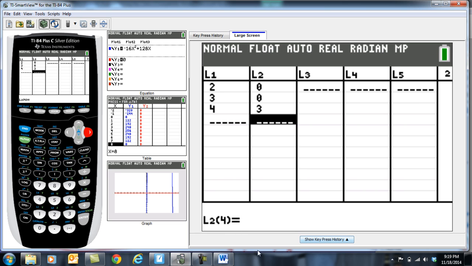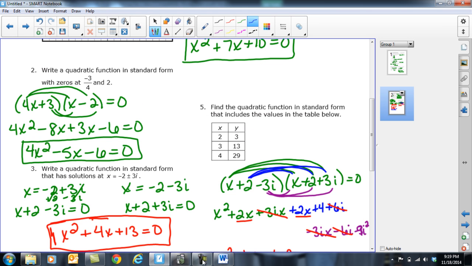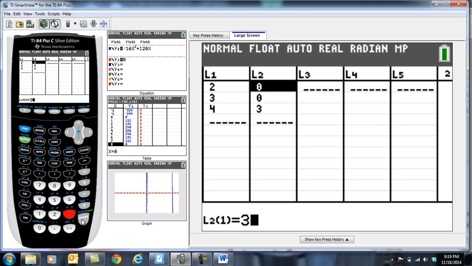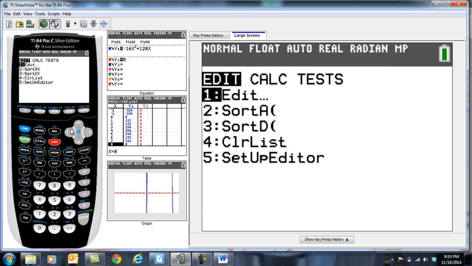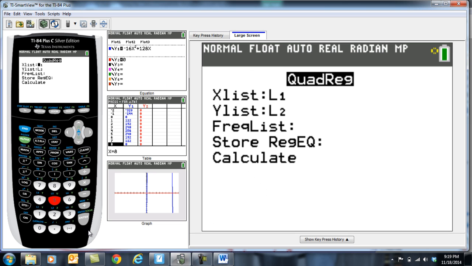It's all good. Then in list 2, I'm going to go over here, and I'm going to type in 3, 13, and 29. And just like before, I typed over them. It's good. So now I'm going to press Stat. We're going to calculate again, and we want the quadratic regression, so number 5.